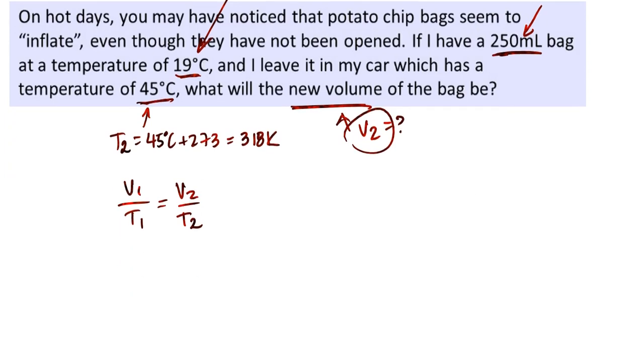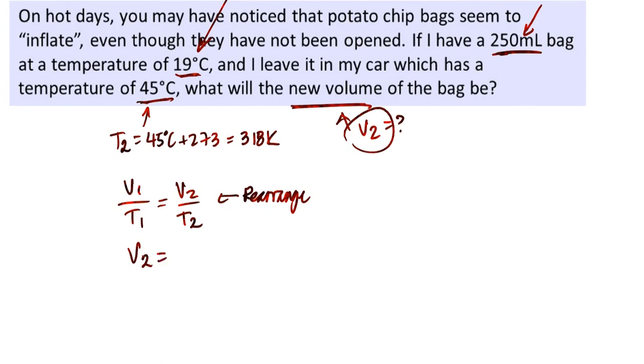So what I'm going to do is rearrange this equation so that I get an equation that reads V2 equals, and the rest of my variables on the other side. Using some algebra, I should get that V2 is equal to V1 times T2 divided by T1. And so plugging in, that's 250 milliliters.